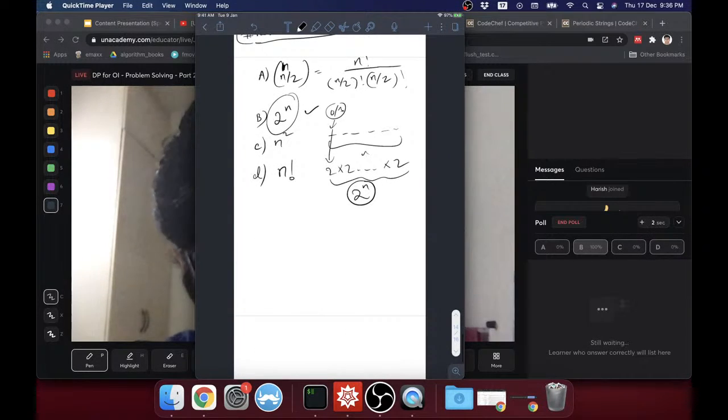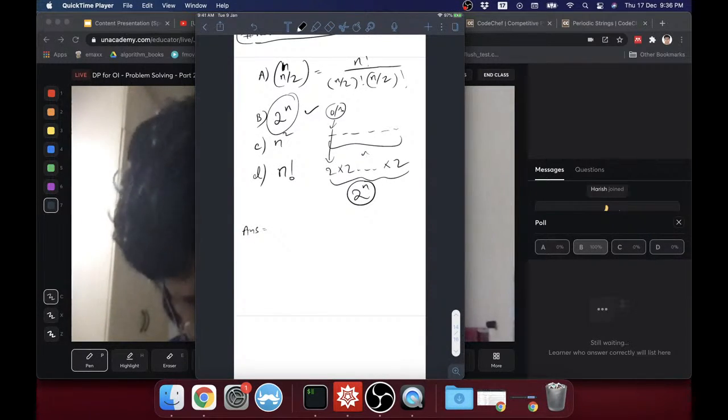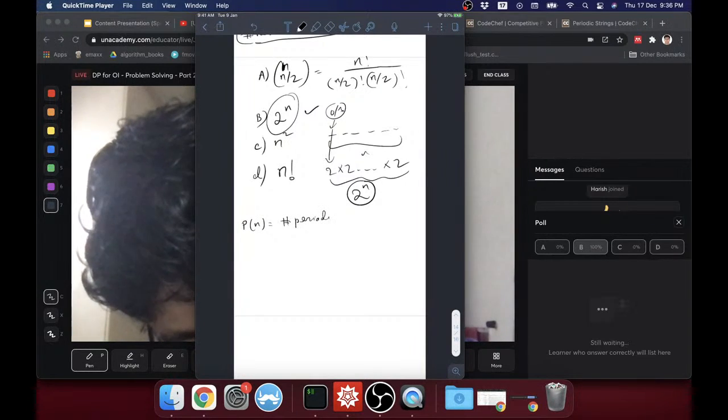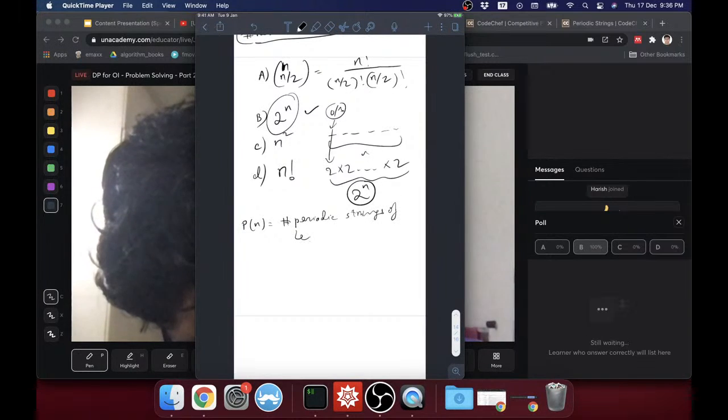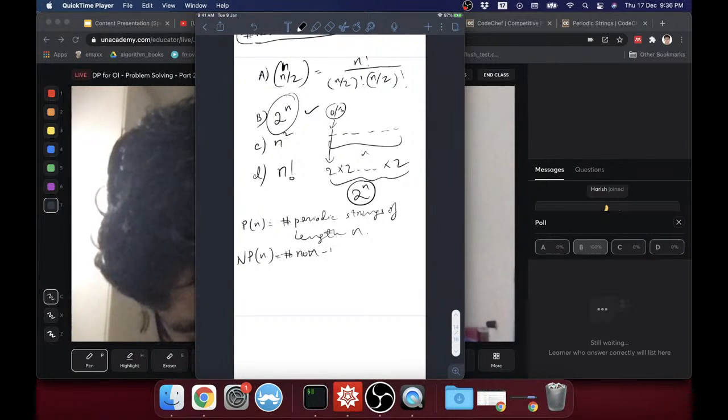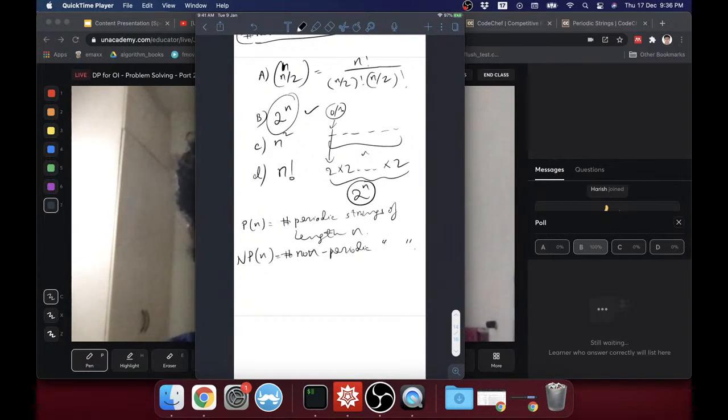Okay, let's denote P of n as the number of periodic strings of length n, and NP of n as the number of non-periodic strings of length n, same thing.